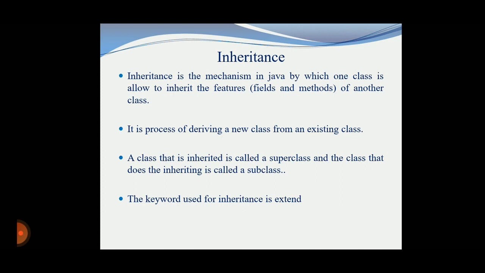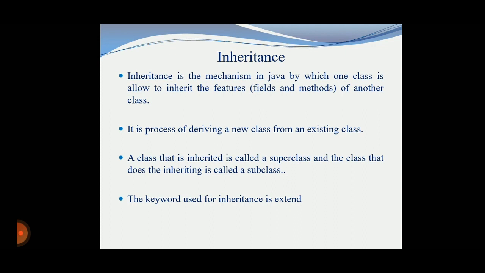That is, the parent class has data members as well as member functions that can be used in the derived class. The code written in the parent class can be reused in the derived class. That is what is called reusability.